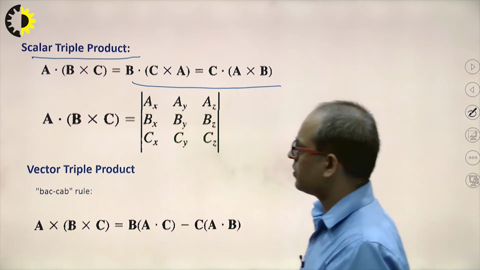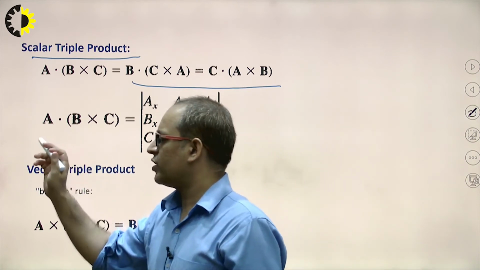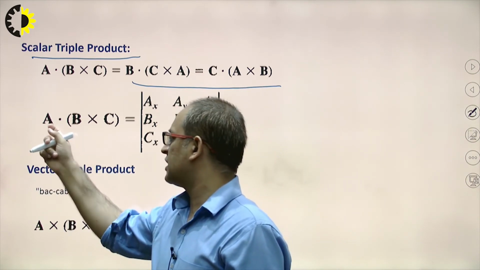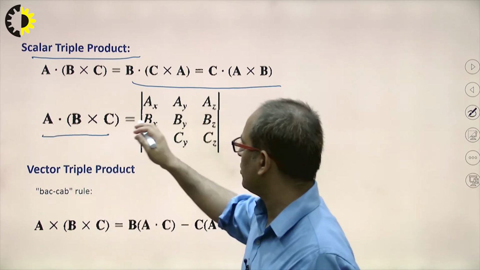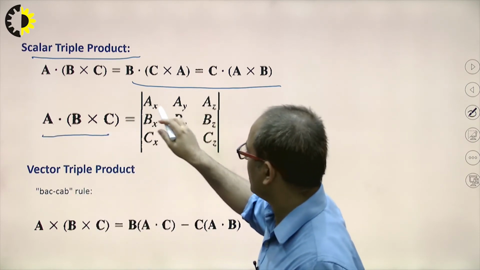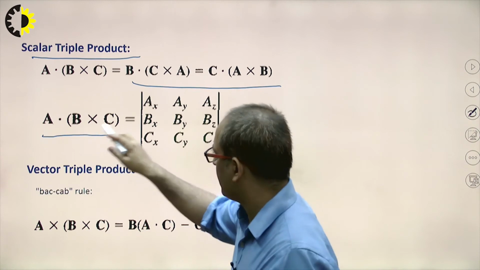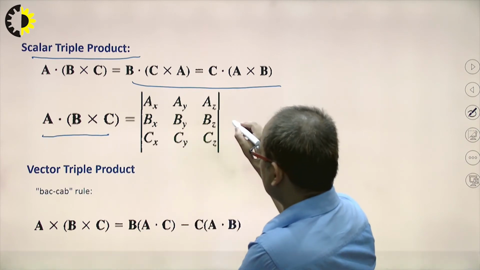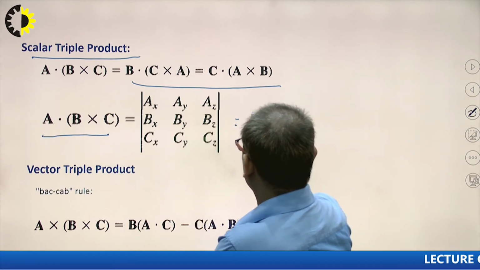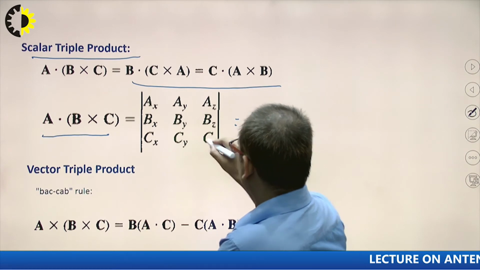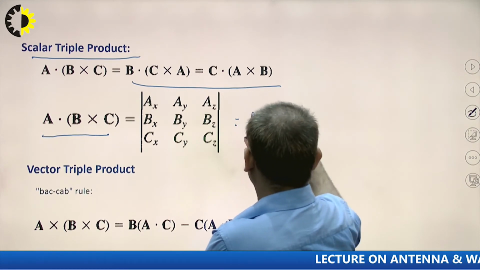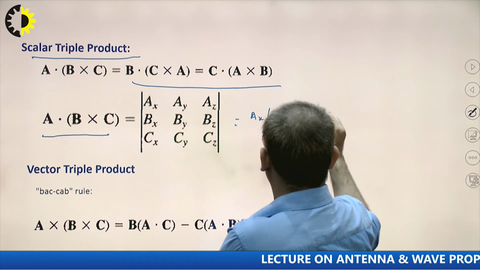LHS will be equal to RHS. Now if I want to multiply these three products, it can also be equal to the determinant ax, ay, az, bx... You will see, if I multiply, ax times by cz minus cy bz.